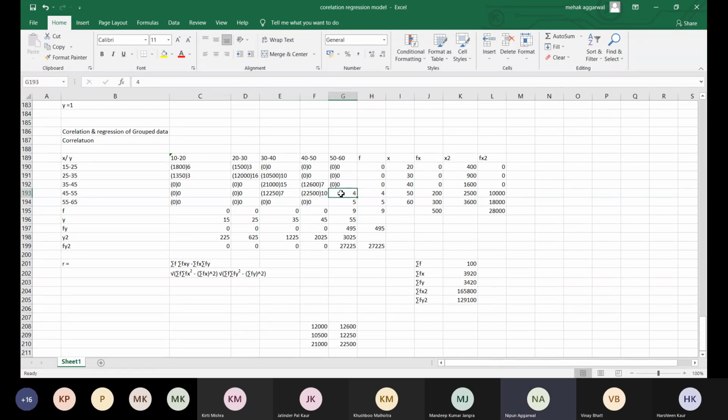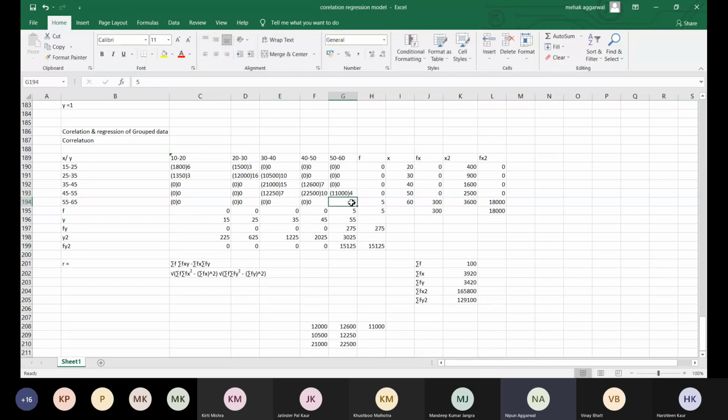So we are left with this 4. So which is 50 into 55. So for this 4 you want to calculate. So this becomes 50 and 55 into 4. So this value comes out to be 11,000.